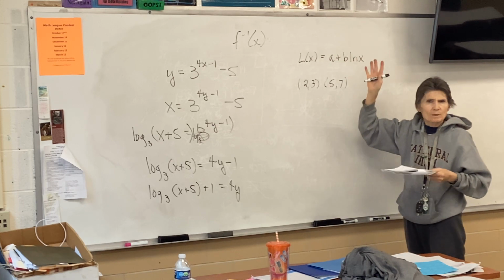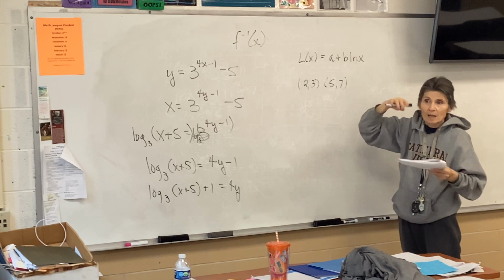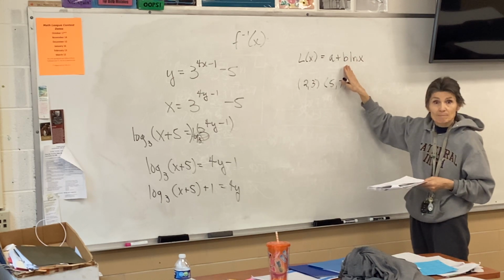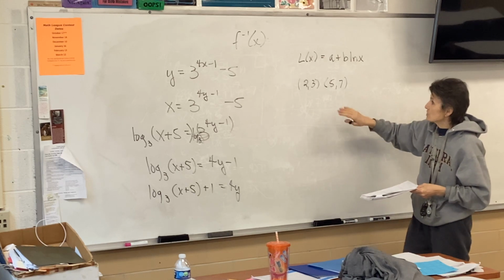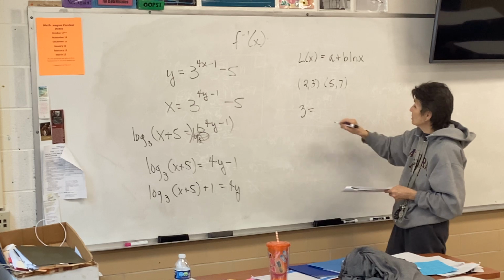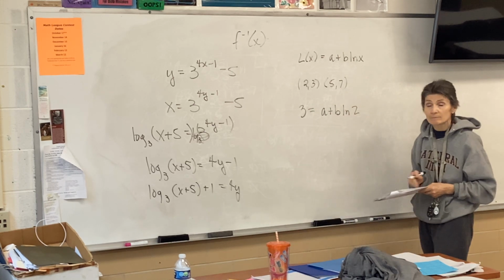So I'm doing what I do with lines. With lines, I find M and B. Well, now I'm going to find my A and my B for this format. So, obviously, one equation will be 3 equals A plus B ln 2.